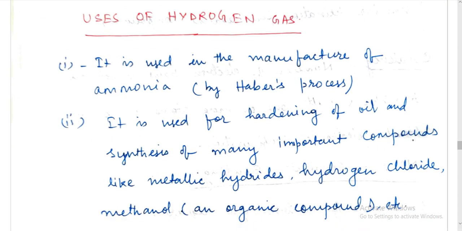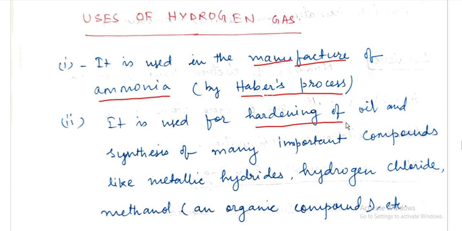Next we will see the uses of hydrogen gas. The first use is in the manufacturing of ammonia, and the process used for manufacturing ammonia is known as Haber's process. The second use of hydrogen gas is for hardening of oils.